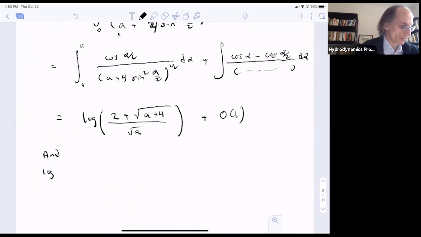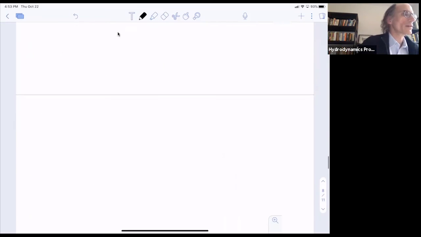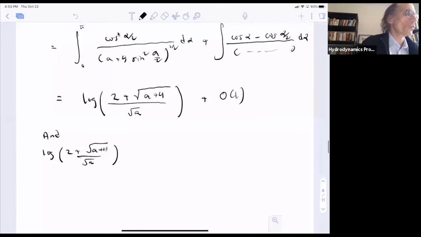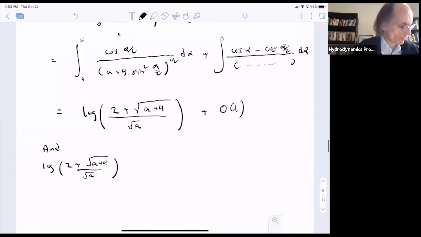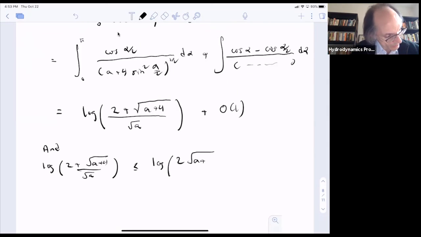log of, so I want to simplify this if I can. 2 plus, let's see. What do I want? I want to assume... hold on. Okay, this is true because the square root of a plus 4 is bigger than 2.